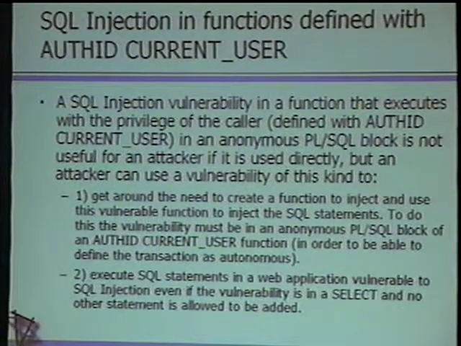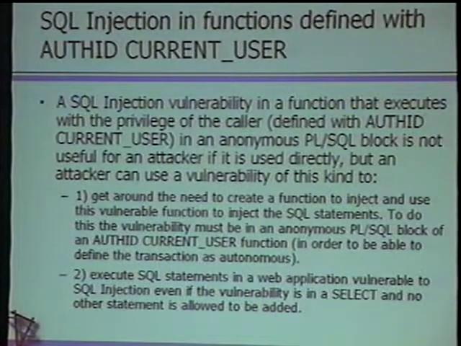At first sight, we might think that this is not useful because we didn't do any privilege escalation. But if this vulnerability is in an anonymous PL/SQL block, it can be useful for two things for an attacker. To get around the need to create a function and use this vulnerability to inject SQL statements.